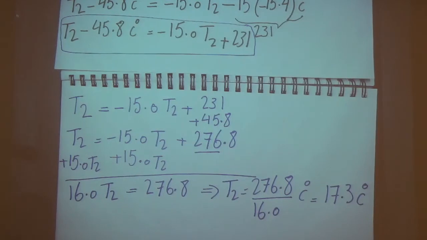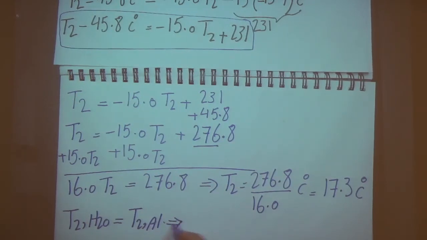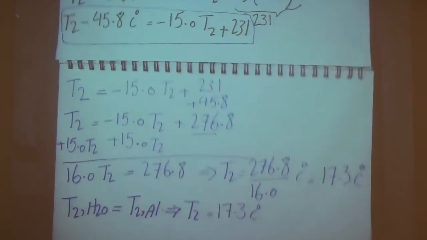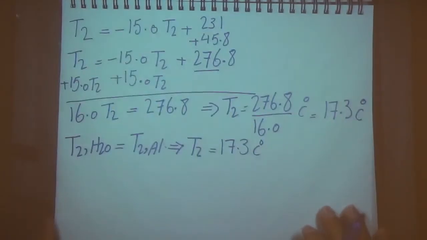So we got the final temperature. Remember, the final temperature for H2O is equal to final temperature of aluminum. And we named them T2. Okay. So now we have T2 is equal to 17.3 degrees Celsius. So we got the final temperature for both of them.